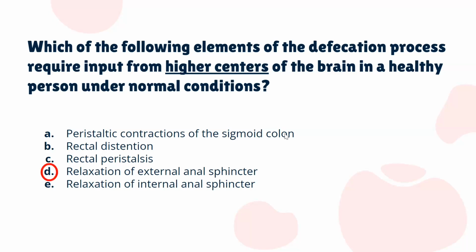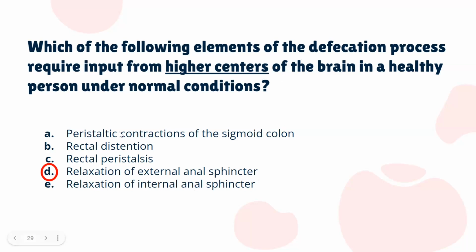D. Exactly. So what's really important in this question is for you to understand that higher centers means the cortical centers, which is where you are making conscious decisions or voluntary decisions. This is where whatever is in your conscious control. And out of all of these options, the external anal sphincter is the only thing that you're really voluntarily controlling. The internal anal sphincter is not within your control.